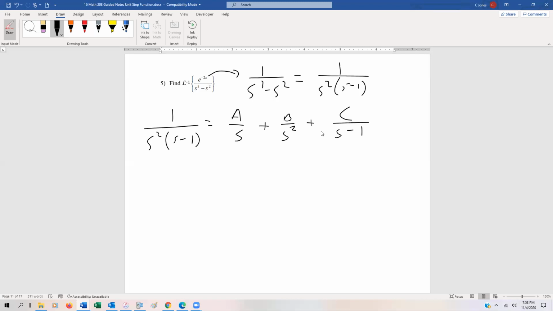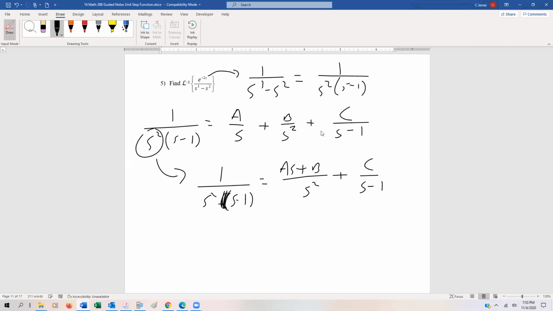Another way to do this, by the way, this isn't the only way to do it, and I'm going to erase this in a moment, is that 1 over s squared times s minus 1 is going to be equal to As plus B over s squared plus C over s minus 1. That's another way to do it, right? However, I'm just going to stick with this way of doing it for right now.